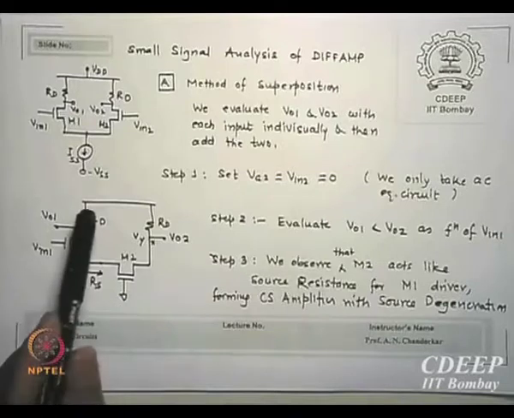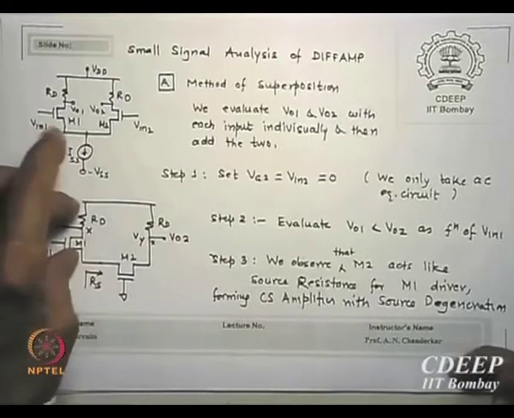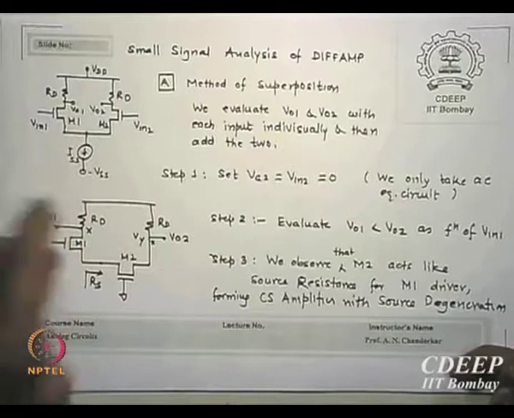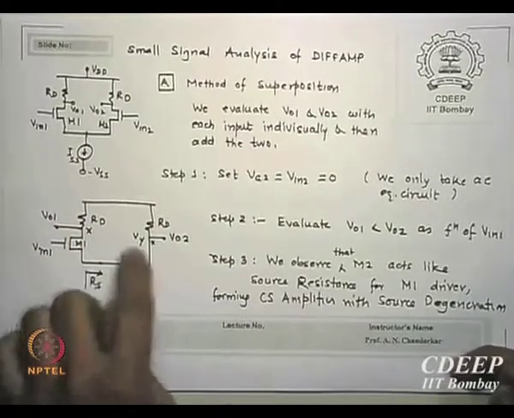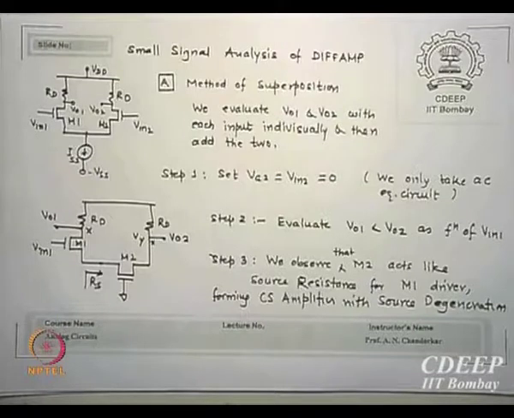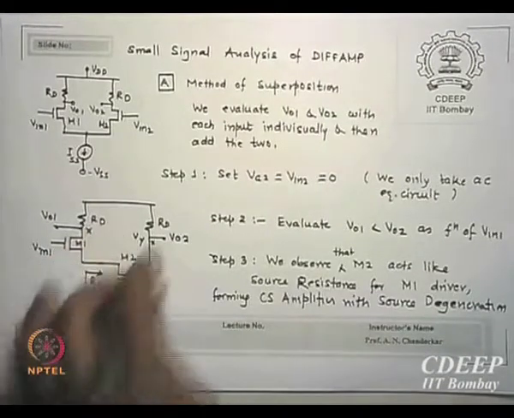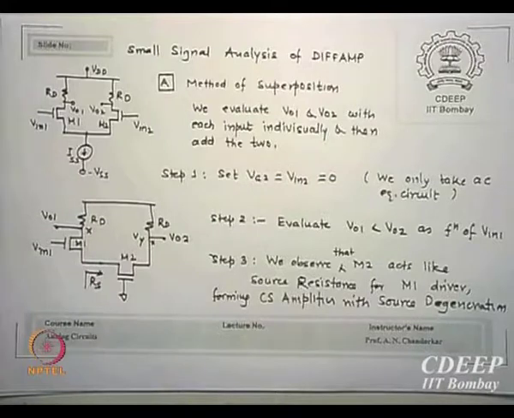If you see carefully, you see only this amplifier first, RD, M1, input Vin1. What is M2 doing for it? M2 is connected to M1 at the source of M1. So essentially if there is an equivalent resistor of M2 seen here, how will it act? It is a source resistance, degeneration of a common source amplifier with source degeneration.